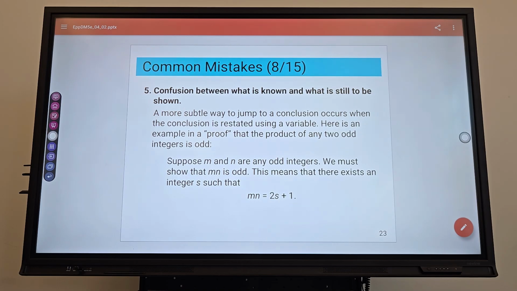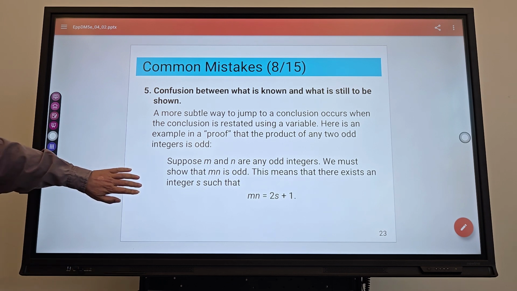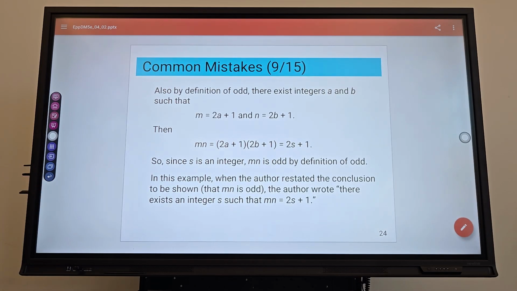This means that there exists an integer s such that mn equals 2s plus 1. Also, by definition of odd, there exist integers a and b such that m equals 2a plus 1 and n equals 2b plus 1. Then m times n equals this quantity, which equals 2s plus 1. So since s is an integer, mn is odd by definition of odd.